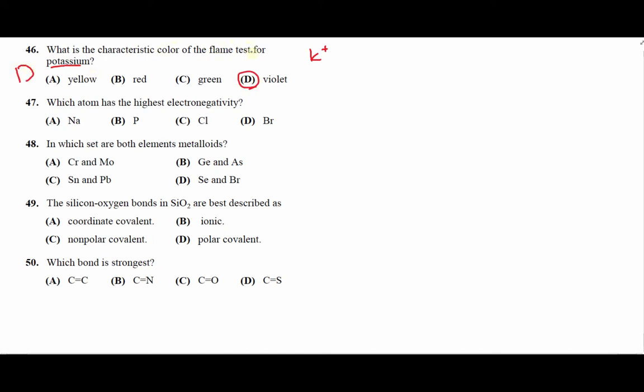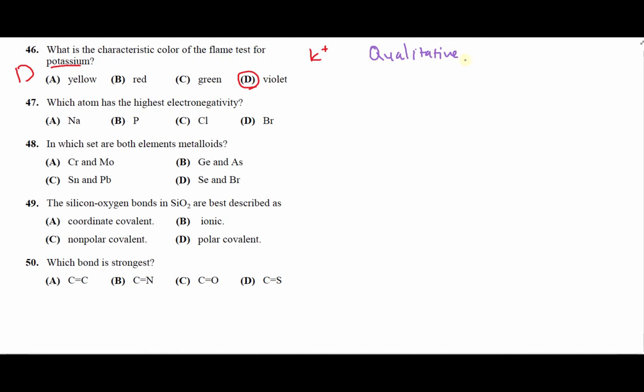And this test is used in qualitative analysis, meaning you can test separating techniques, and ultimately you want to know what solution you have or what ions you have in your solution. One way to separate potassium from, for example, sodium is doing the flame test.